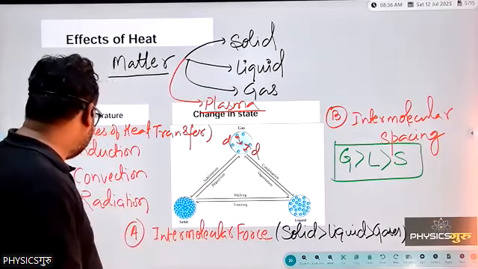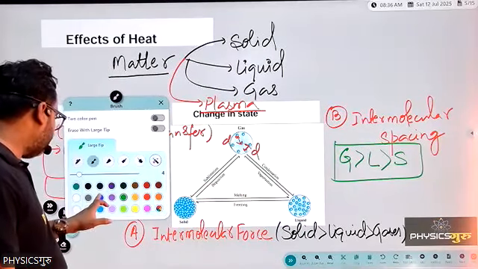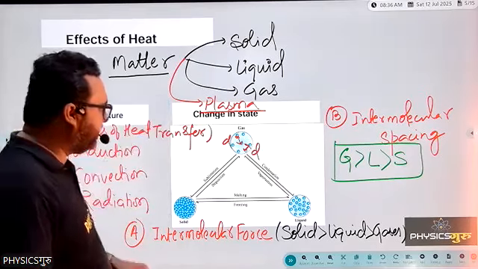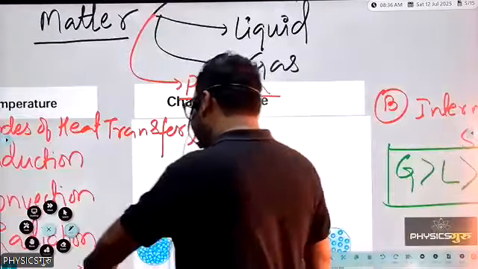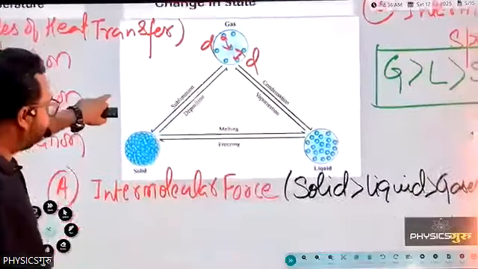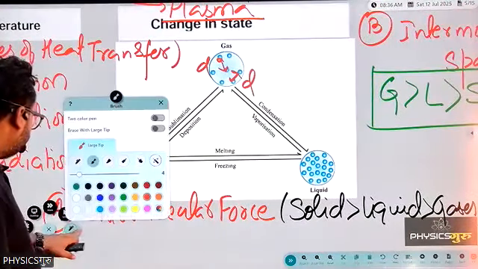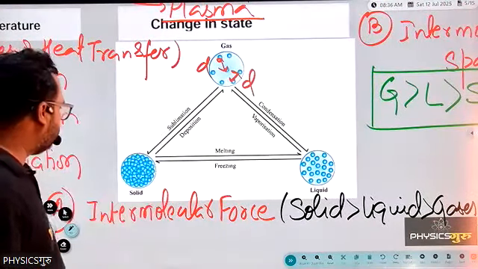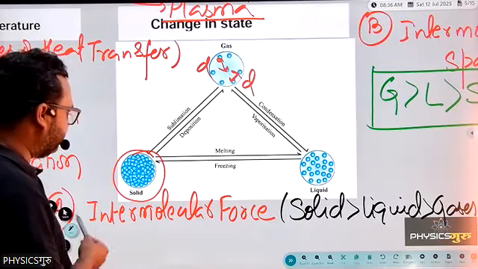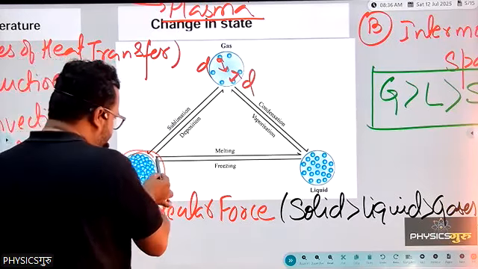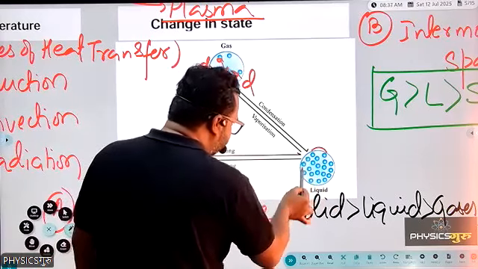Now you can convert one state into another. For example, when you heat a solid, that is the melting phase, it converts into liquid.